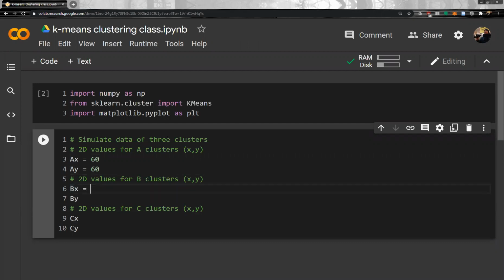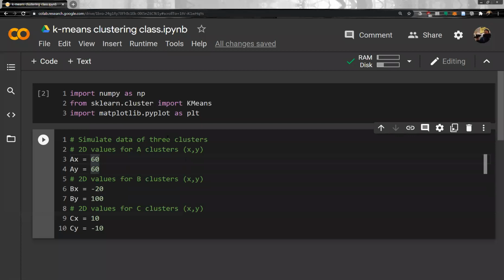And then this is around, the center is around like minus 20 and then 100. And the third one is, let's say, a bit smaller one. So like 10 and then minus 10, right? They are the centers of the clusters.